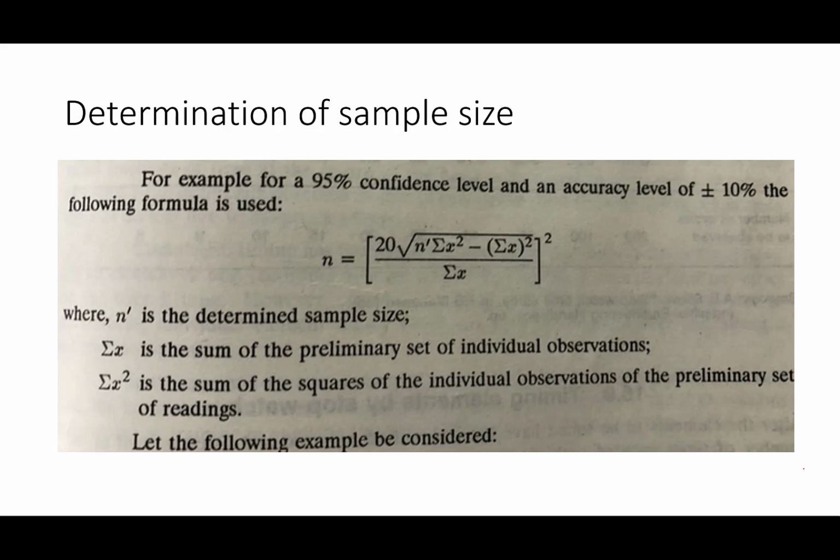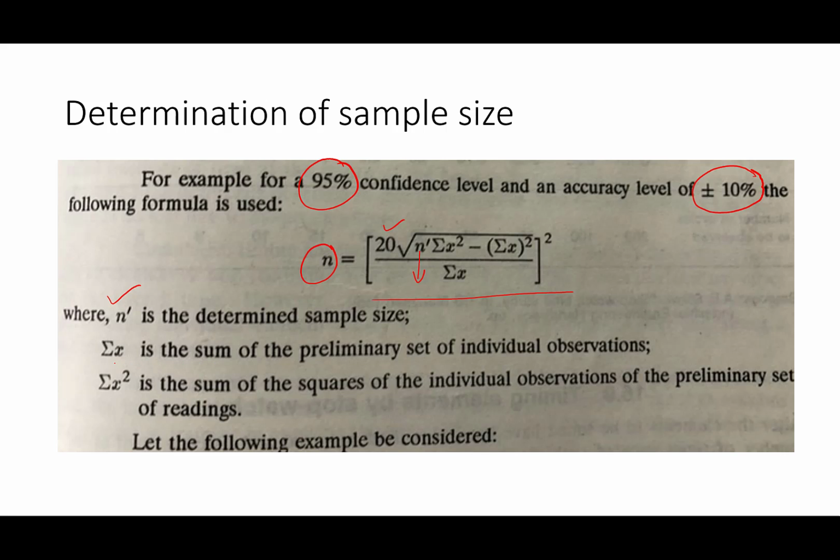According to the statistical method, for 95% confidence level and 10% accuracy, the equation for determining the number of observations to be taken, n, is: n equals the square root of n dash times the sum of x squared minus the square of the sum of x, all multiplied by 20, divided by the sum of x. Here n dash is the preliminary sample size, like a sample of 5 or 10 observations.